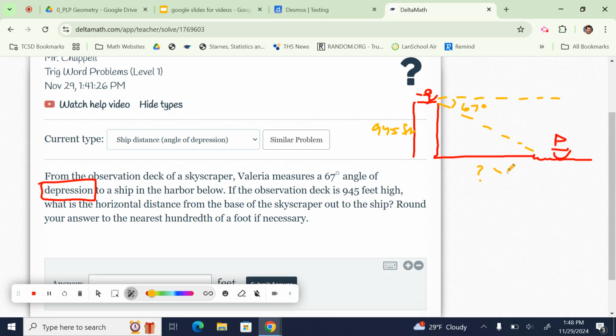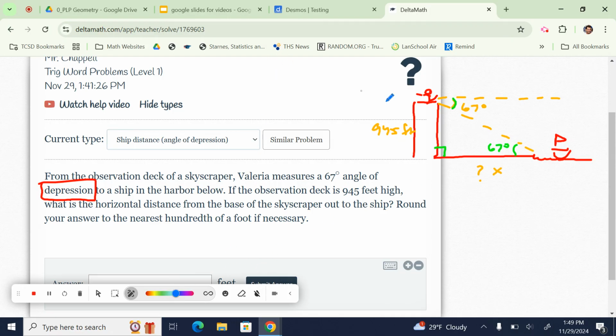We could call that X. So what I think would be smart is to use this bottom triangle right here. I think that this is a right angle where the skyscraper hits the ground. I know that my angle of depression and elevation are congruent. So if that's 67, so is this. And now I have a right triangle. I have an angle measure. I have a side length. We can use trig to find the other side.